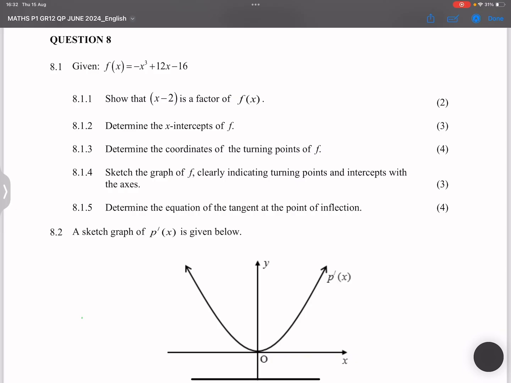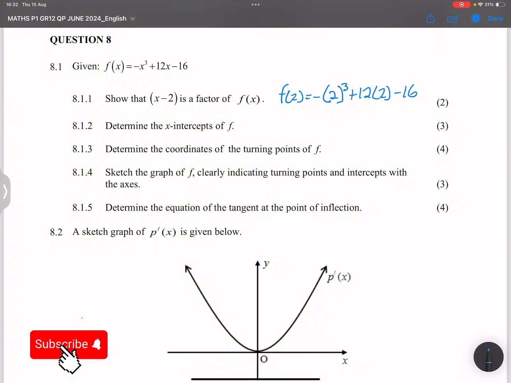Remember, for it to be a factor, that means when I substitute the value with a changed sign, f of 2, that will be minus 2 cubed plus 12 times 2 minus 16. If it is a factor, it must give us 0. And so that's how we will show that f of 2 is actually 0. So that means x minus 2 is a factor.